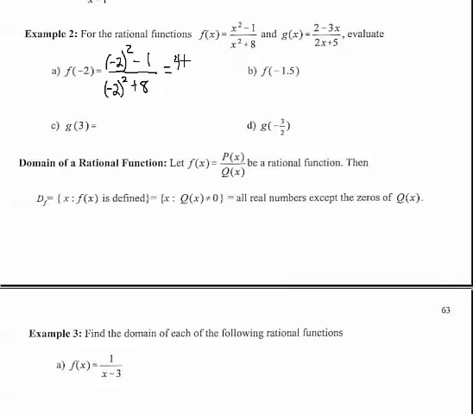Well, we get a 4 minus 1 on the top. -2 squared is a positive 4. Same for the bottom denominator, except we add 8. And we end up with 3 on the top, 12 on the bottom. That fraction can be simplified as 1 over 4. So f of -2 is 1/4.